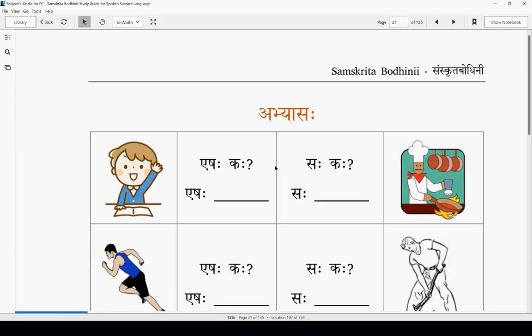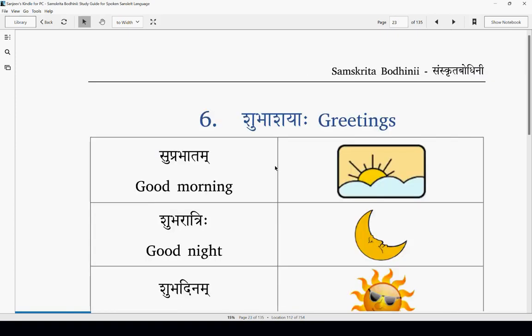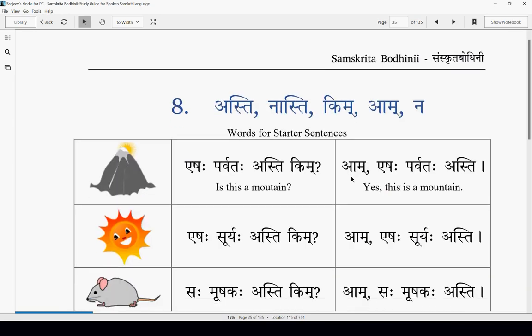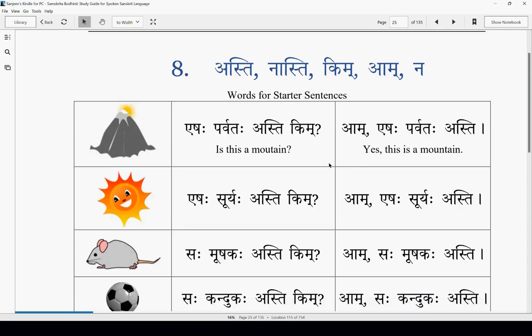Now, in the next page, there are exercises. Shubhashaya we saw. The next lesson here is Asti Nasti Kim Amna, which we went through last week.